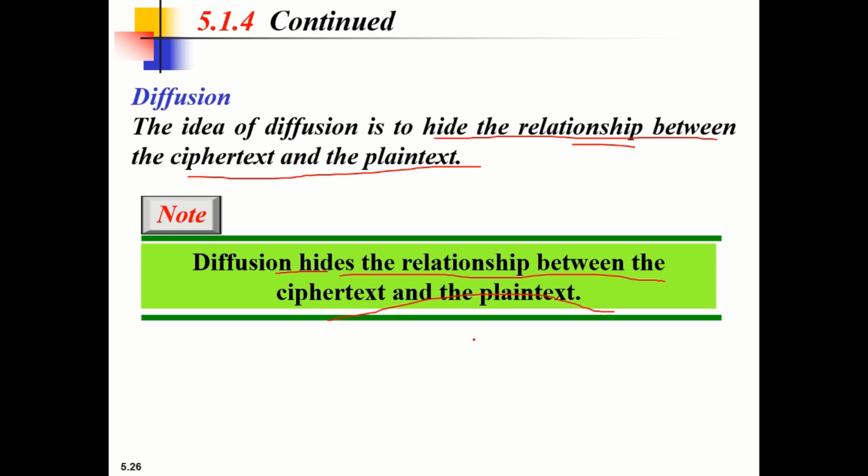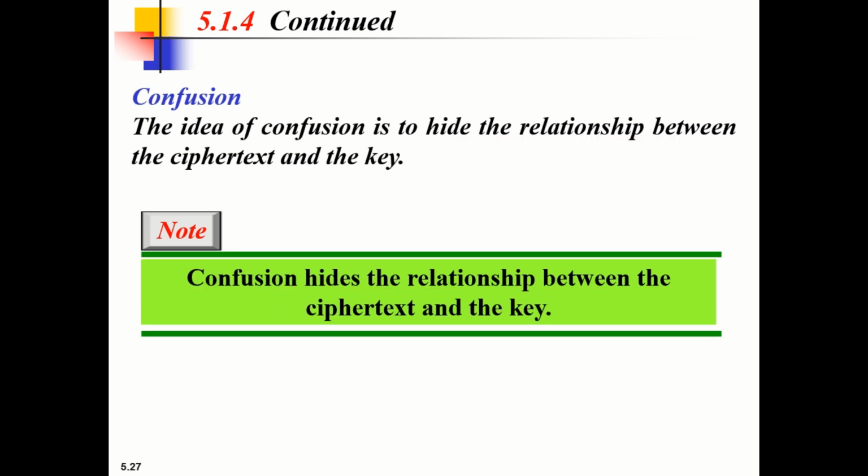There are three main things when we talk about cryptography: the plain text, the key, and the cipher text. In diffusion we talk about cipher text and plain text. Next comes confusion. In confusion we talk about cipher text and the key.